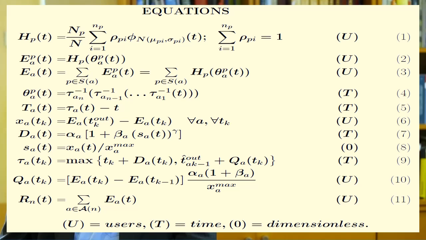Equation 4 provides the values of the theta function in terms of the tau function of all links in path p. Equation 5 gives the link A travel time t_a of t at time t. Equation 6 gives the number of users at time t_k inside link A in terms of the e_a function, where t_k out is the exit time of a user entering the link at time t_k.